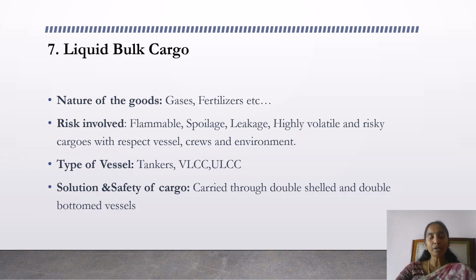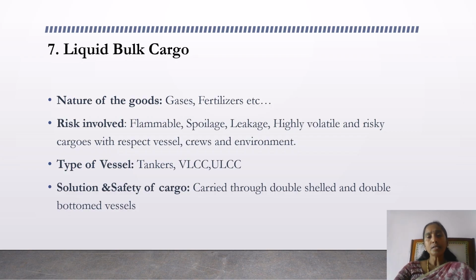As we all know, one of the major imports of our country is crude oil, where we import it from oil exporting countries, and this is one of the basic essential items. So every day we are importing a huge amount of liquid bulk cargoes from various parts of the world.